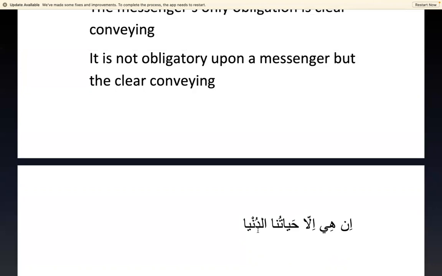So what is ad dunya? Basically, this dunya is mawsoof of hayatu.